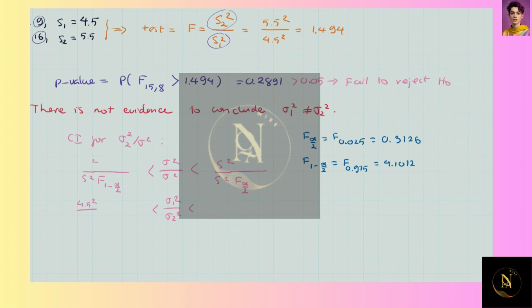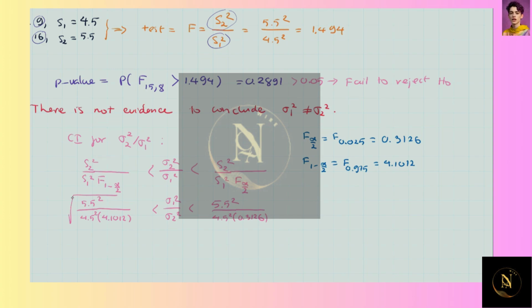So this will be 5.5 square over 4.5 square, and then we times it with 4.1012, and here we have 5.5 square over 4.5 square, then times 0.3126.